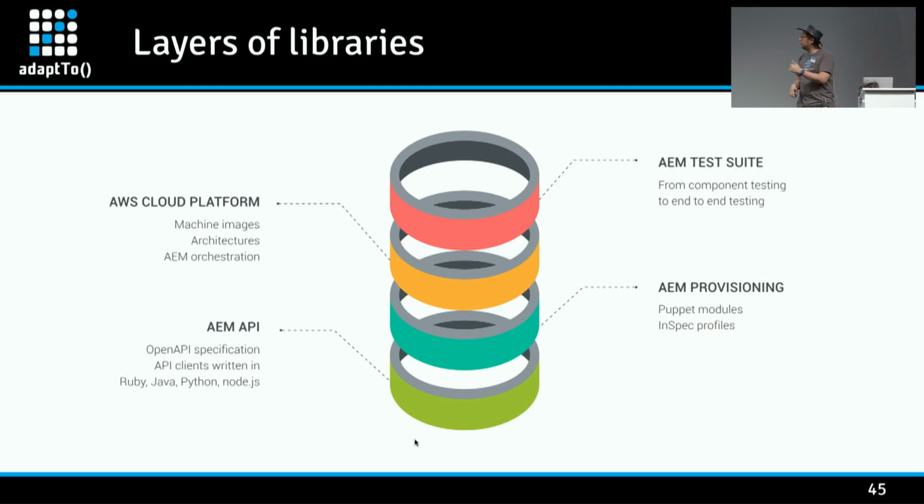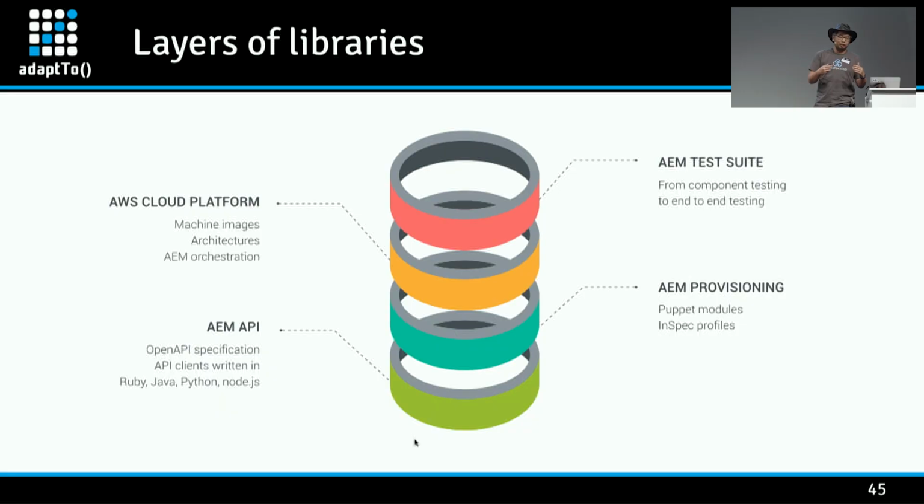And then the next layer is the AEM provisioning. We don't want to stop at just provisioning a single AEM instance. It needs to know whether it's an AEM instance that sits within a consolidated architecture or within a full set architecture. It knows whether it's a published instance or various levels of the AEM environment setting.